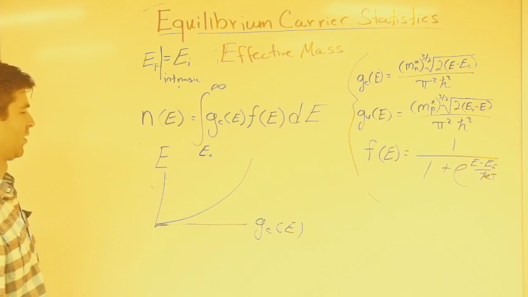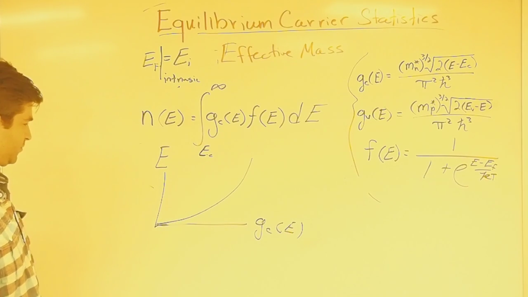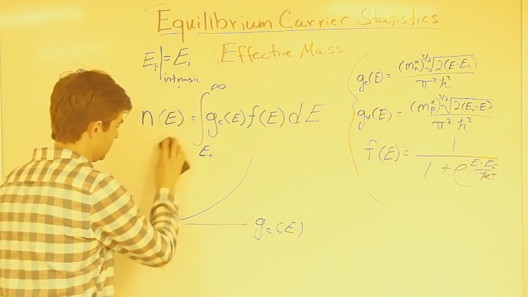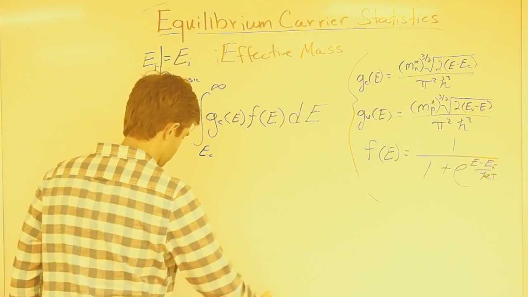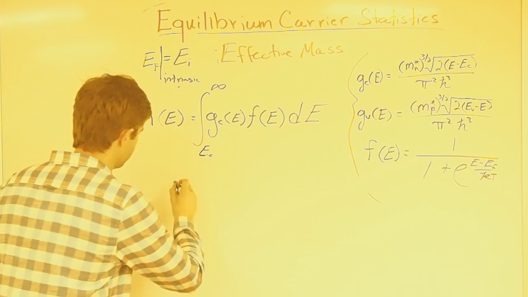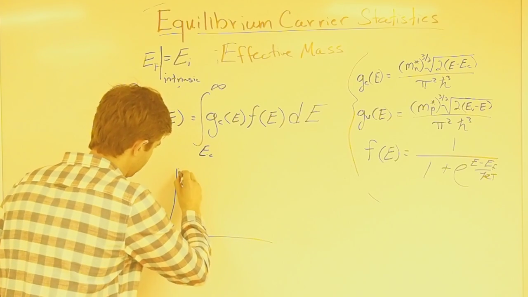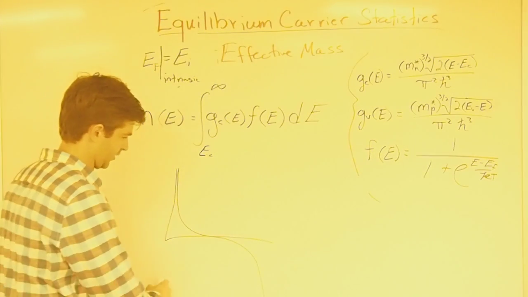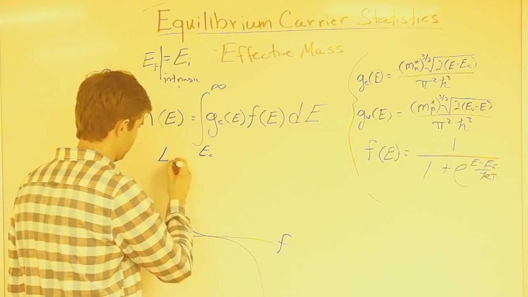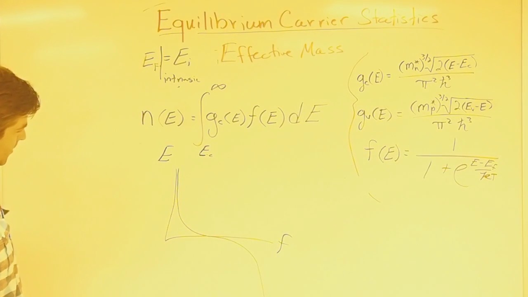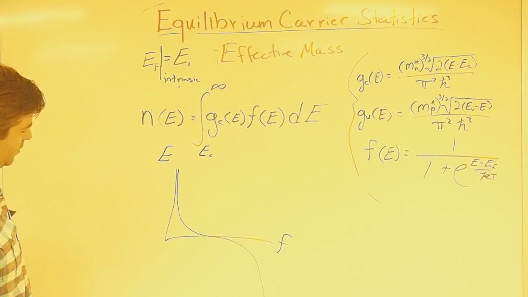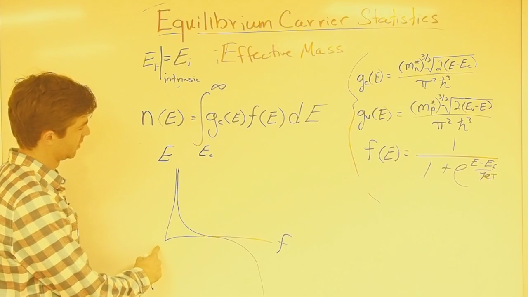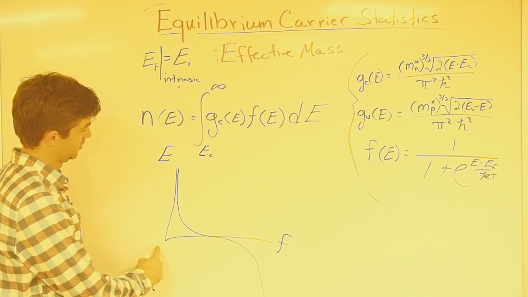But what does the Fermi function look like? Well, the Fermi function looks like this. This is F, and this is E. Just like that. So as we go across, at F equal to 0, make sure I wrote that right.